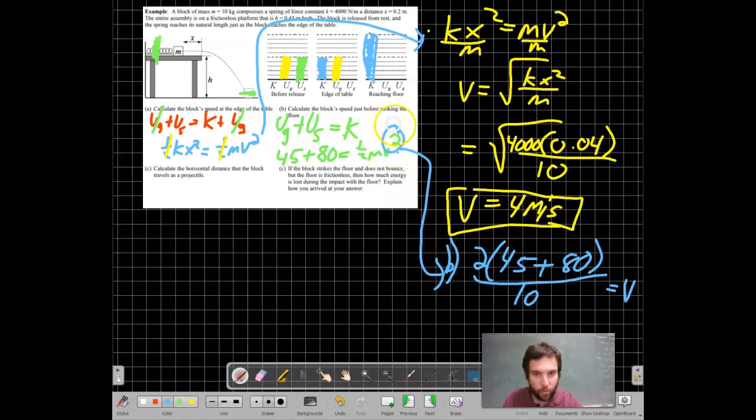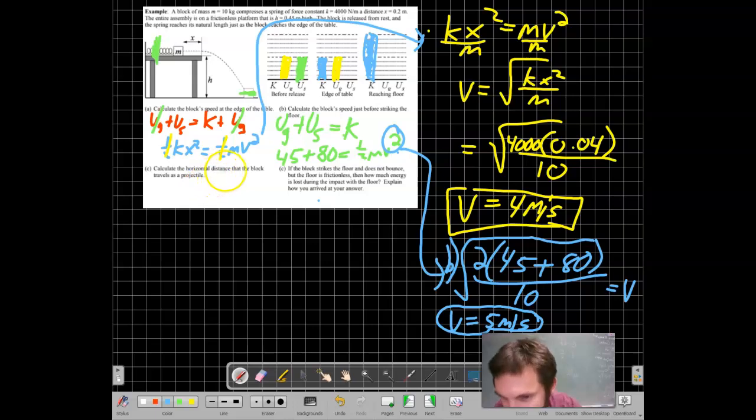Don't forget your squared. That means we got to take square root of all of that. So all of this junk right here equals 25, and we take the square root of 25, and we will get V equals 5 meters per second. Just before it hits the floor.